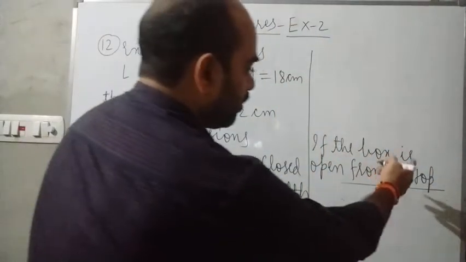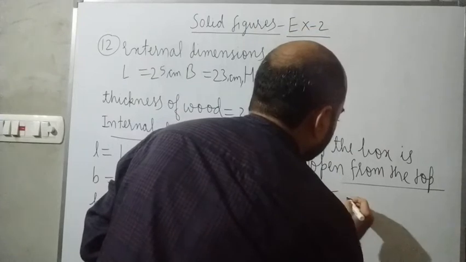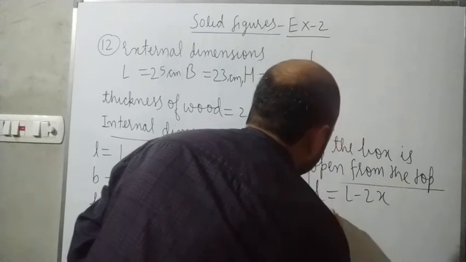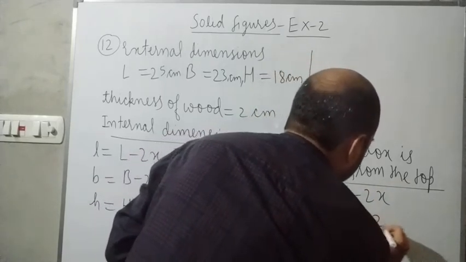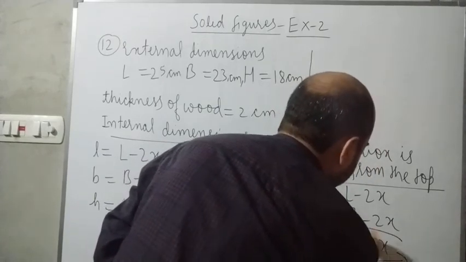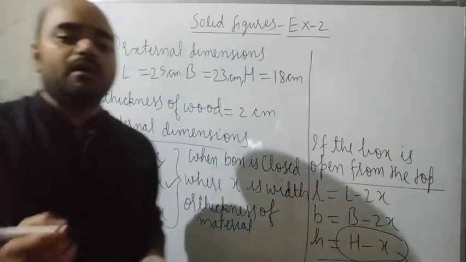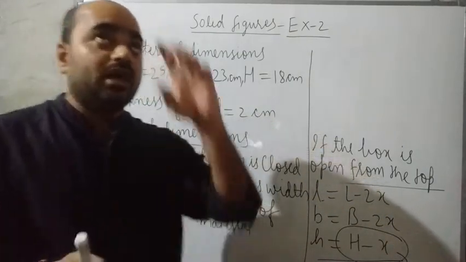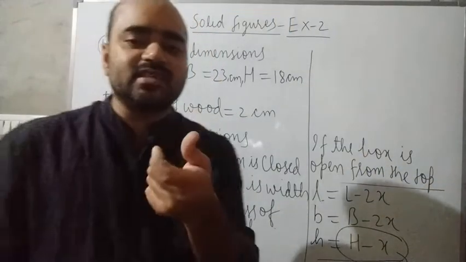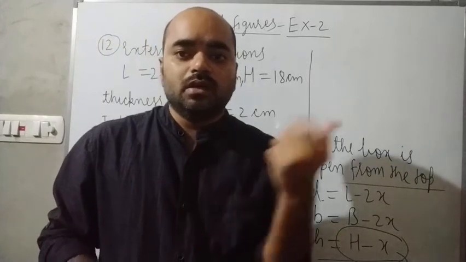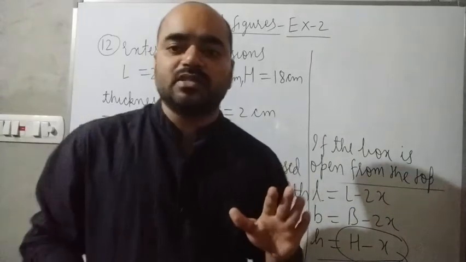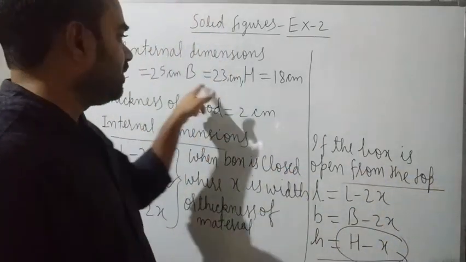It means when the box is open, small l and small b will be the same, but the 2x for h will be only one time, since only one face is present in the floor, not in the ceiling. You have to remember where x is the width of the material of the box or room, whatever it is given. Clear? And dimensions must be in the same units. See, everywhere units are the same.